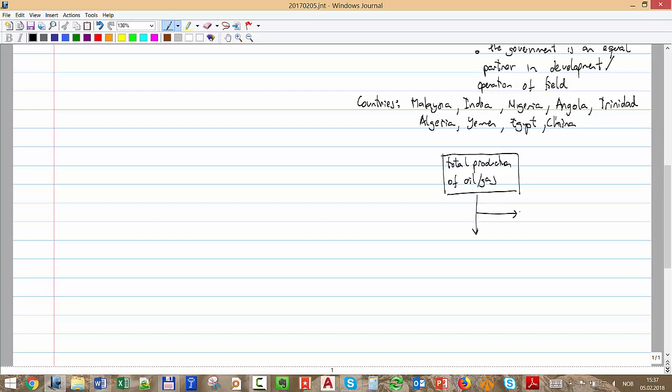And we take from here a percentage, which is the royalty, that we always have to pay to the government. But in these cases, usually the royalty is much smaller than in concessionary systems. Then we have what we call the net revenue.